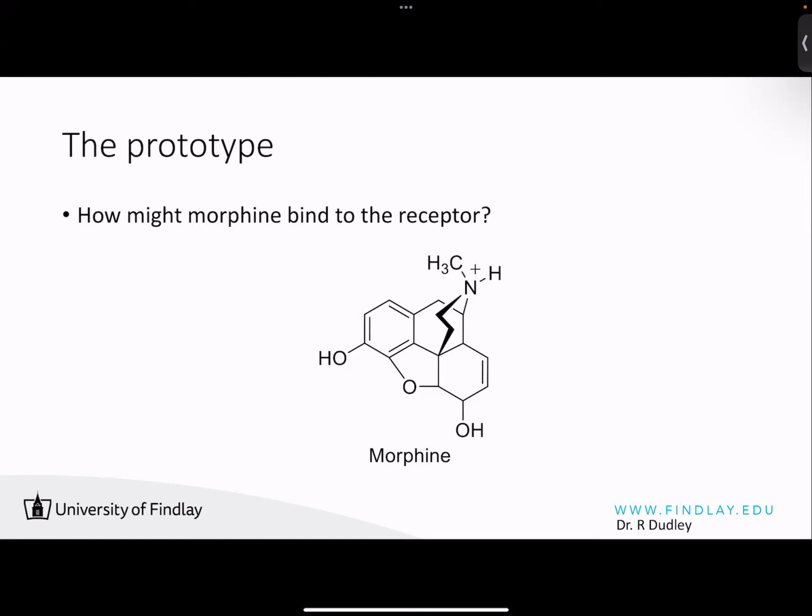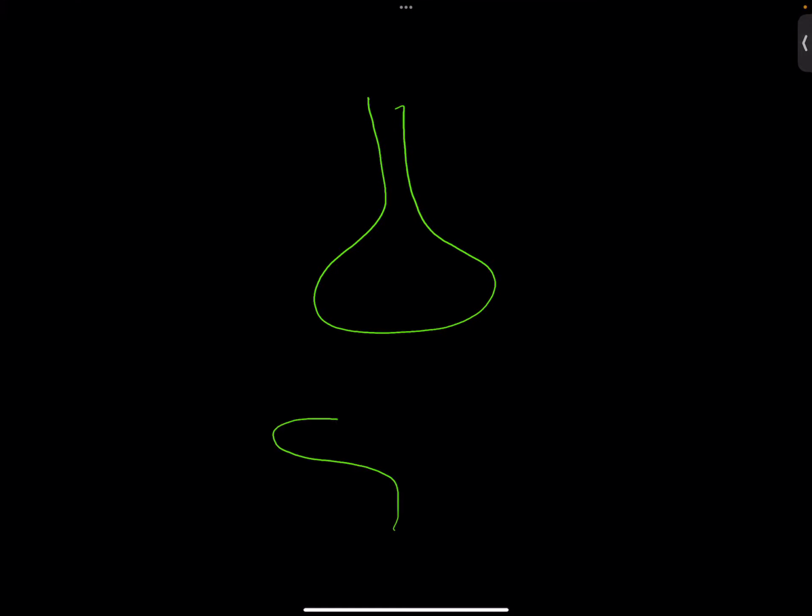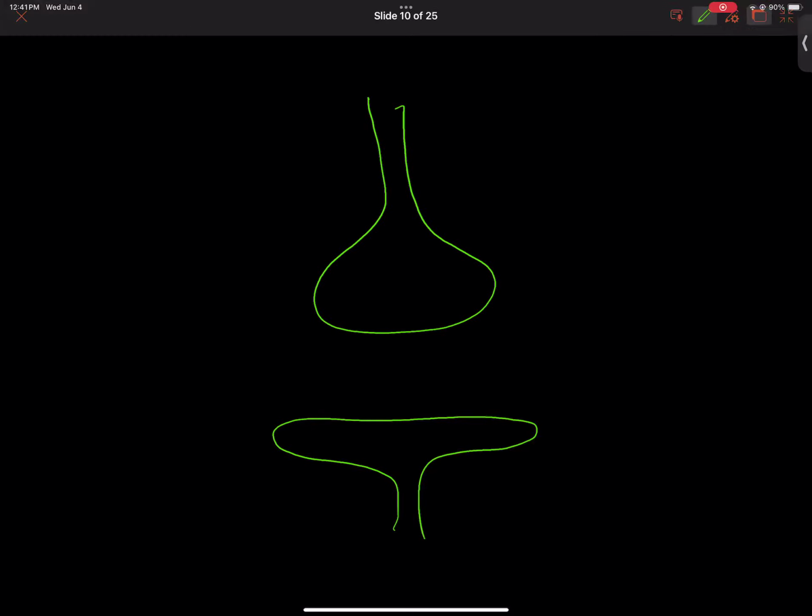Okay, so then we talked about the receptors, and we said that they're G protein coupled receptors, coupled to an alpha inhibitory subunit, but we also have a beta gamma subunit as well. These are seven membrane passing domain receptors.